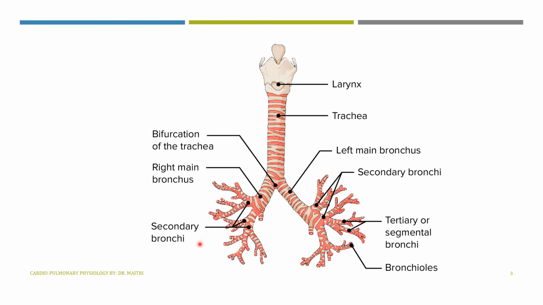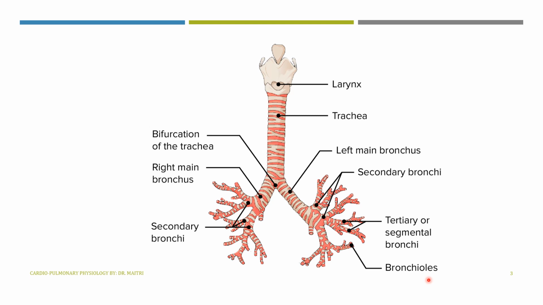Now these secondary bronchi further divide into tertiary bronchi, also known as segmental bronchi, as they supply the bronchopulmonary segments. This division continues and there come bronchioles. Up to bronchioles, these airways are known as conducting airways, as they only conduct the air. There is no gas exchange up to the level of bronchioles.